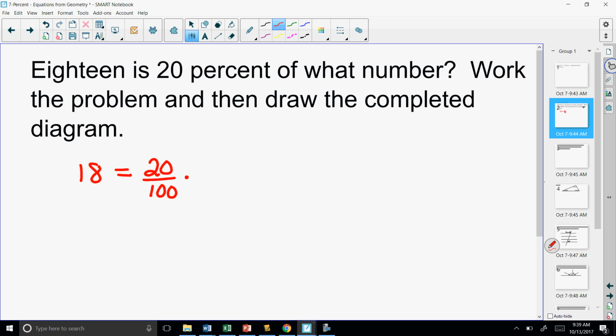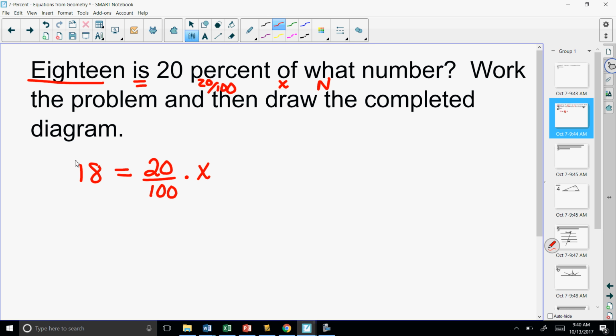So it's 20 over 100 times what number? X. So I have an equation set up: 18 is, means equal to, 20% means 20 over 100, the word of means times, and then what number? So we have our equation.